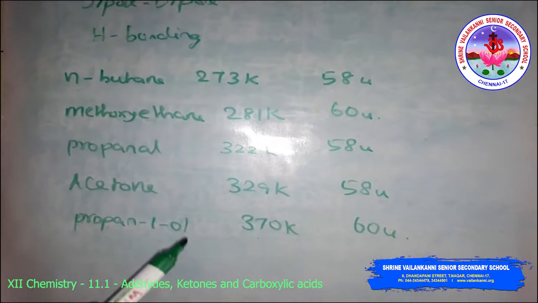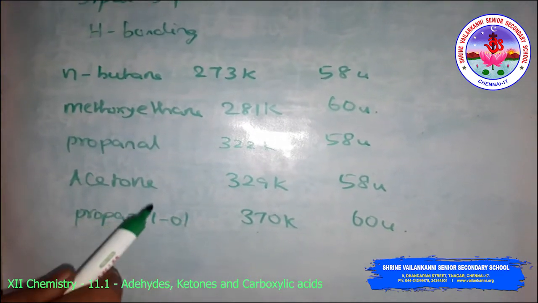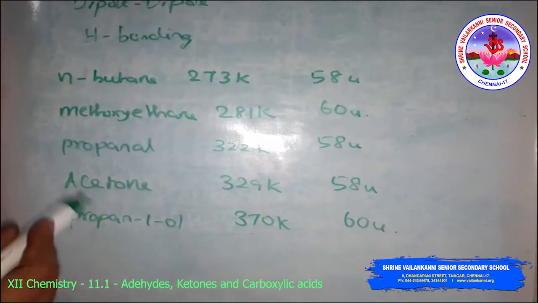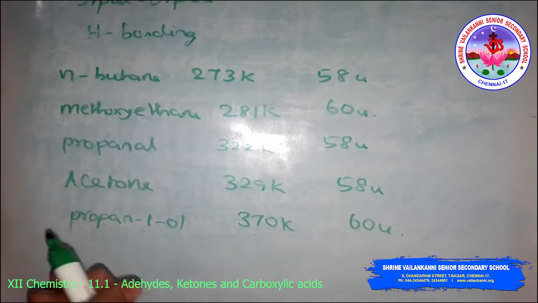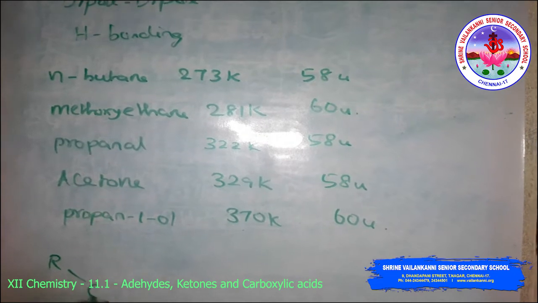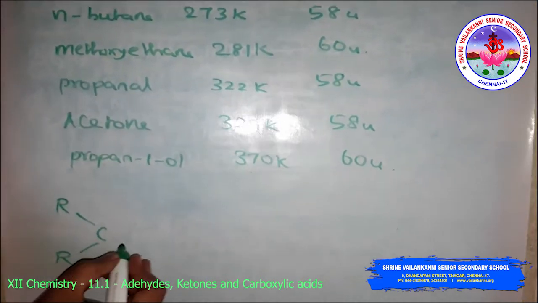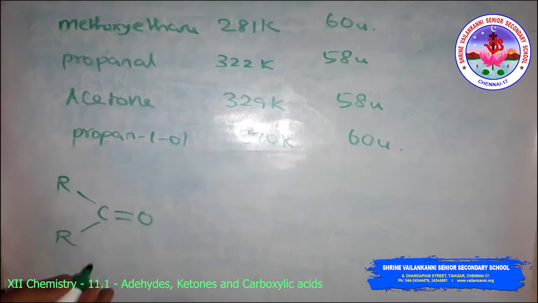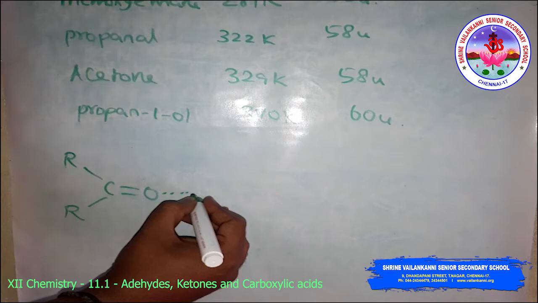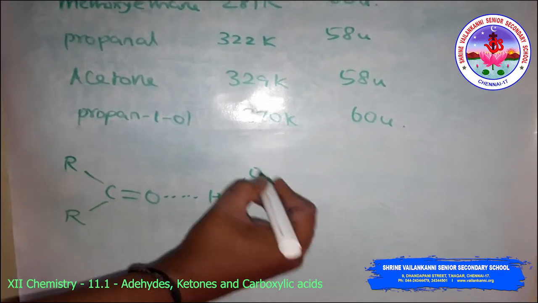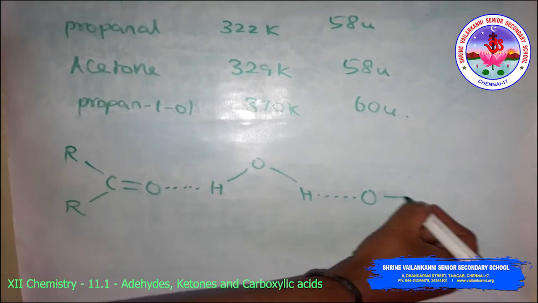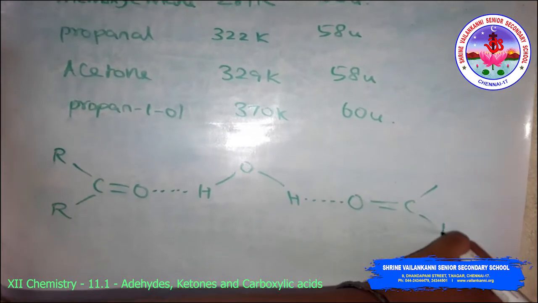The lower members of aldehydes and ketones, such as methanal, ethanal and propanone, are miscible with water in all proportions because they form hydrogen bonds with water. For example, look at this. A ketone forms a hydrogen bond with water, in all proportions like this.